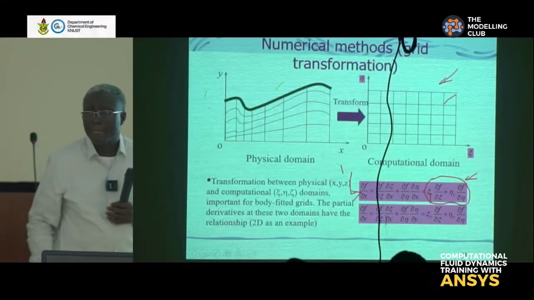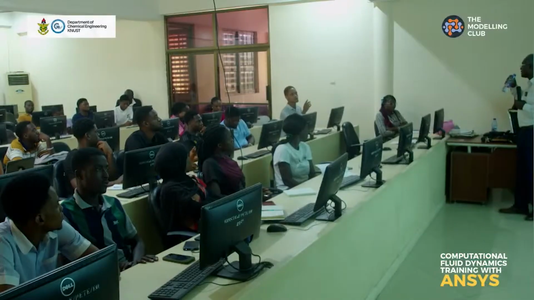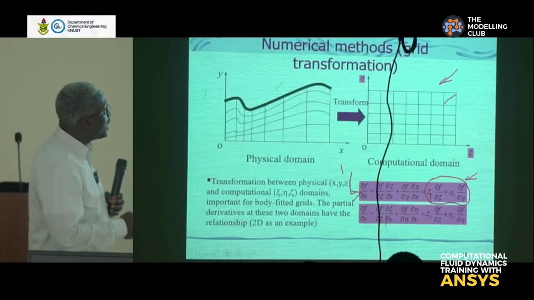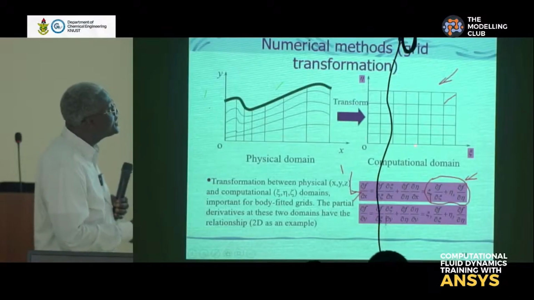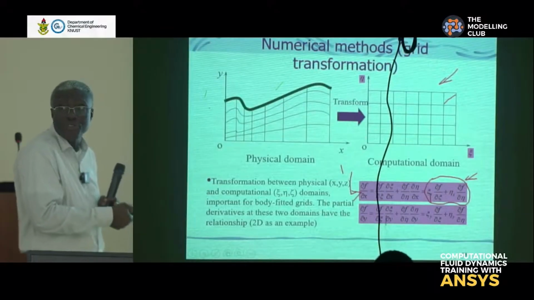Yes? So in that case, with the computational domain, will that one have a higher accuracy than the one using the finite volume computation? If you are looking at the two, which one will have a higher accuracy? Okay, so the question is, once you do this transformation, will your results be the same in terms of accuracy?